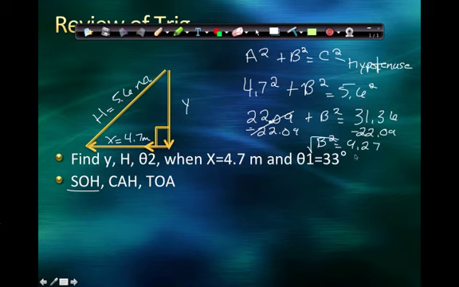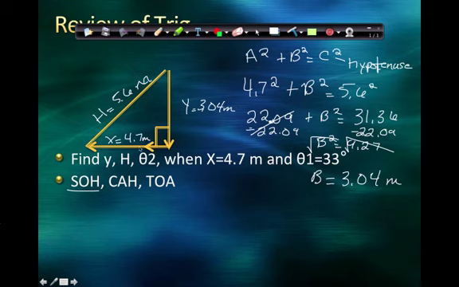So I'm going to take the square root of both sides. So b is equal to the square root of 9.27. So we should get about 3.04 roughly. So y is equal to 3.04 meters.